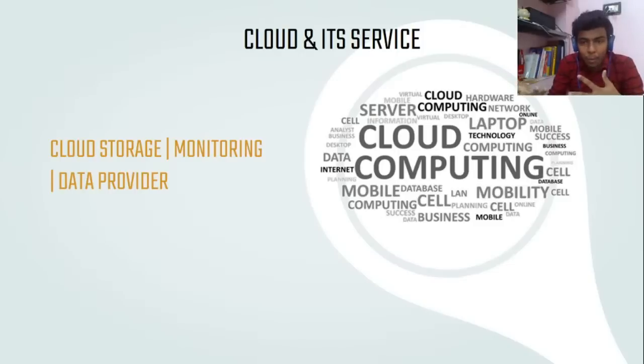And the third one is data providers. There are a lot of data-providing cloud services. The first and biggest cloud that is already there is AWS. AWS is Amazon Web Services, the provider from the Amazon industry.